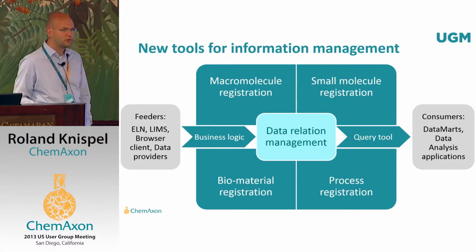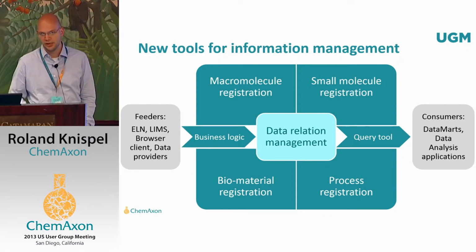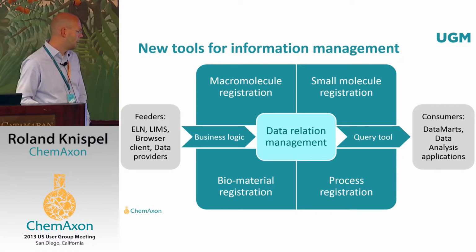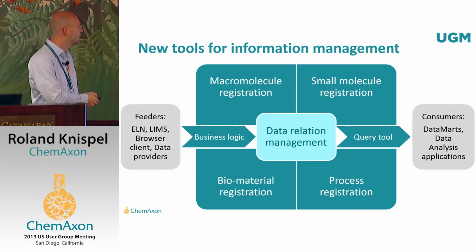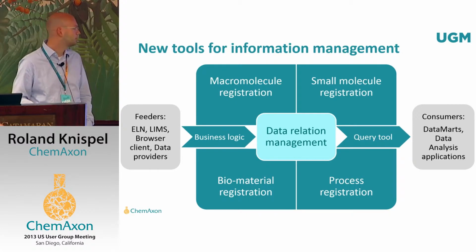We are looking at registering biomaterials. This is like cell lines, for example, which are in the end producing your macromolecules. This can be any sorts of molecular biology tools, vectors, plasmids, everything which is needed in order to create your macromolecules, small molecules, or combinations of the two when you're looking at conjugate molecules.